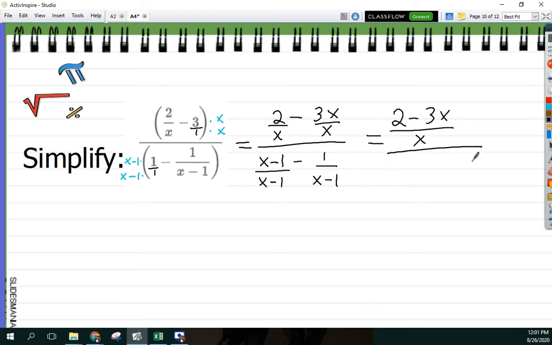So then here, our big denominator is going to be x minus 1 divided by x minus 1. So then notice that we can simplify.